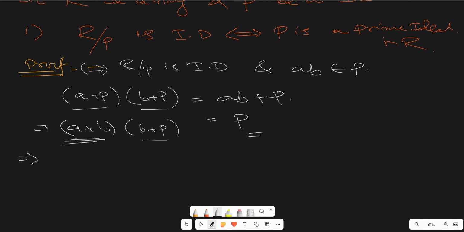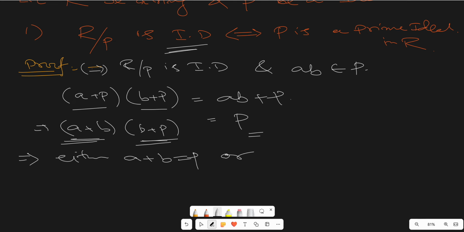If both were non-zero elements, it still giving 0 cannot happen, because you are in an integral domain with no zero divisor. It cannot be that both of them are non-zero.